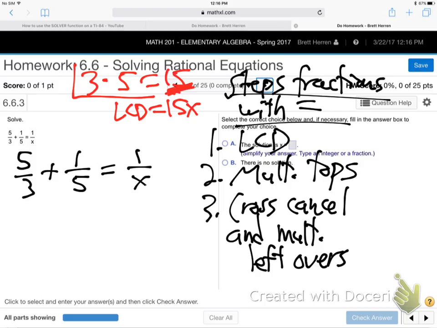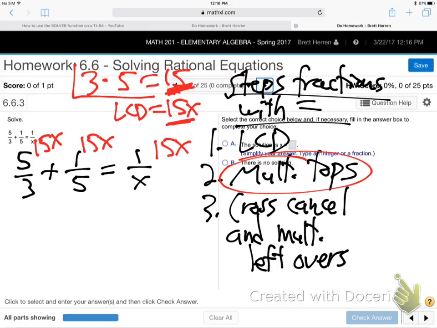So what am I going to do with that 15x? Multiply the tops. So I found the LCD, 15x, and now multiply 15x in the top, 15x in the top, 15x in the top. Goes top, top, top. Not the bottom. Notice I'm not going in here.